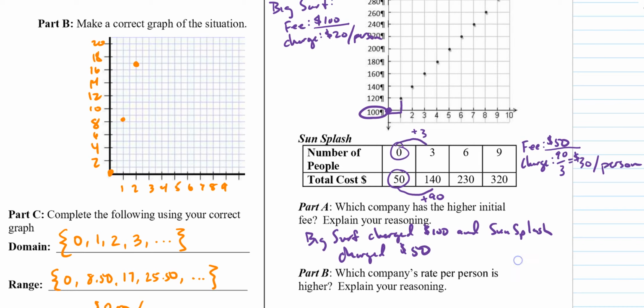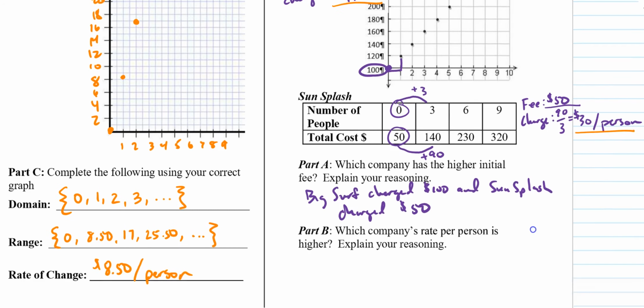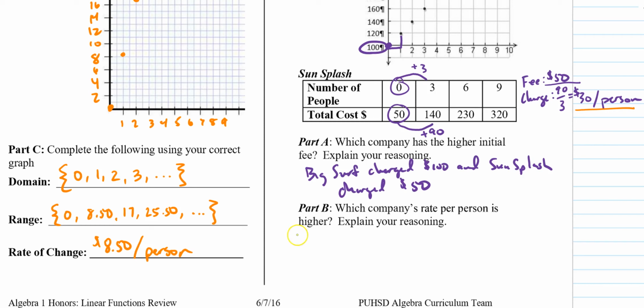Well, the rate per person, that's the extra charge. Big Surf charges $20 per person. Sunsplash charges $30 per person. So Sunsplash charged $10 extra per person than Big Surf.